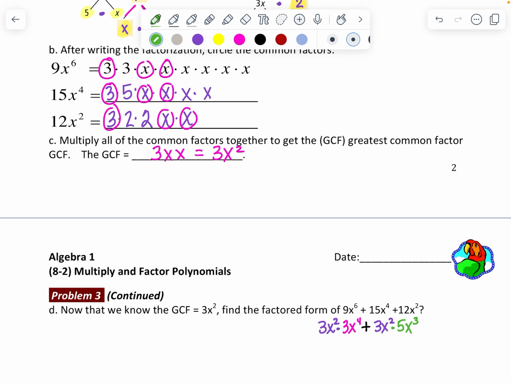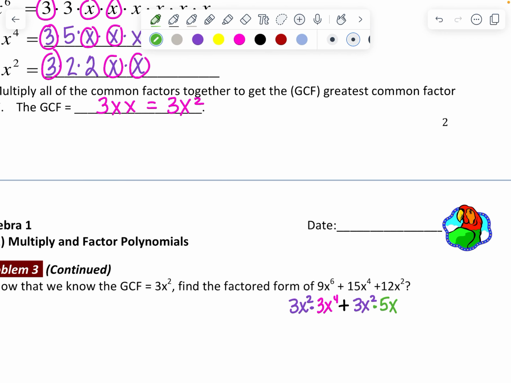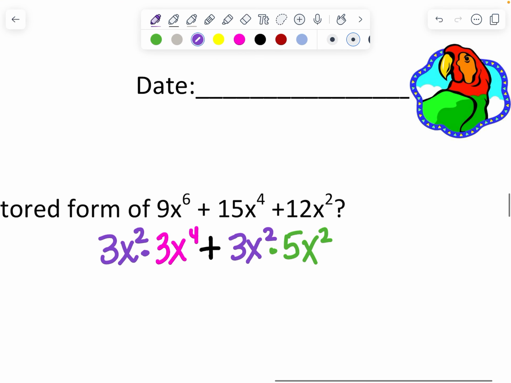No, that is going to be just to the first power, right? To the second power, I'm sorry. So we have 3x squared times 5x squared. So now for the last term, we get plus 3x squared is our GCF. And then we're going to multiply that by, I need another color, so let's go light blue. So that's going to be 4, okay? So just 4 is left.